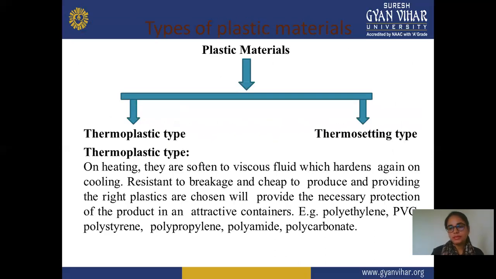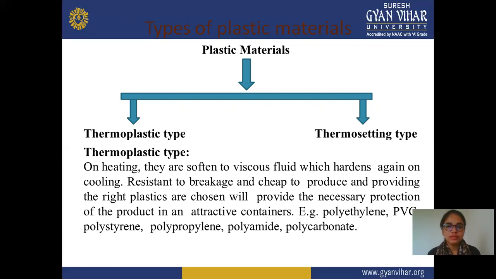Next is the types of plastic material. In glass material we already saw there are 4 types and 2 other types, a total of 6 types, and plastic material has 2 types. These are thermoplastic and thermosetting. These 2 types are the major types used for pharmaceutical product packaging.